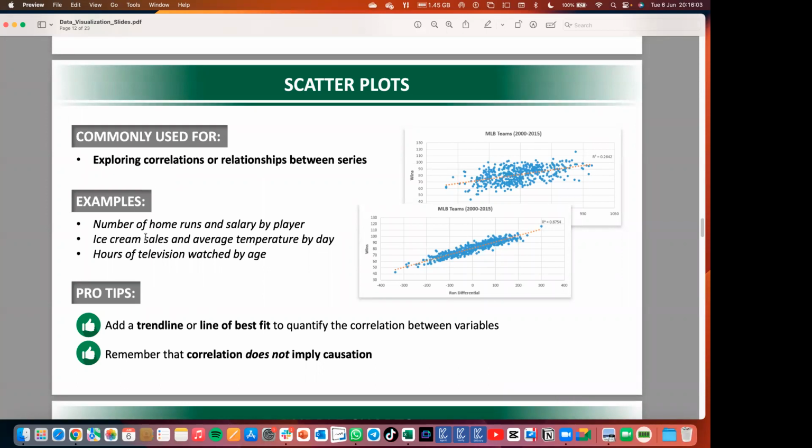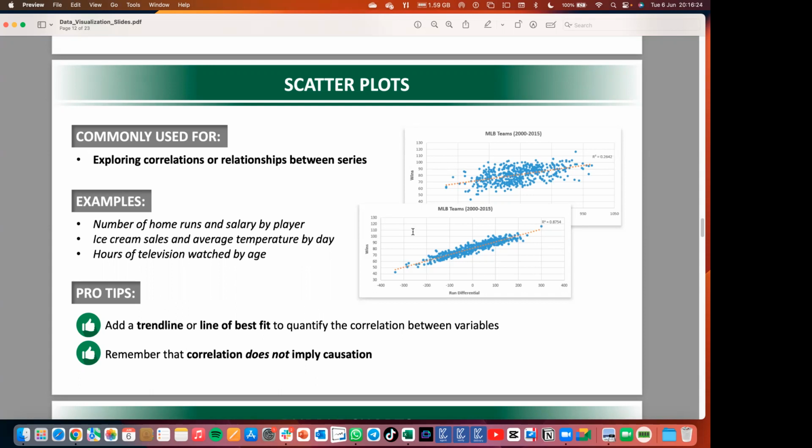So how do we use this? Number of home runs and the salary by player, ice cream sales and the average temperature, hours of television watched by age. So the moment the age goes high, the hours watched go low, you'll find that it is a negative coefficient.